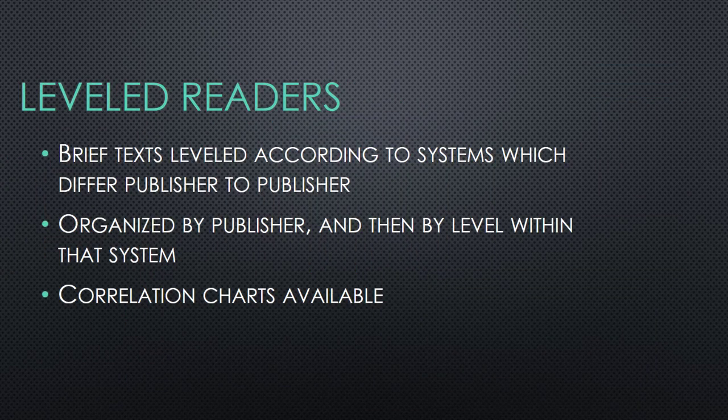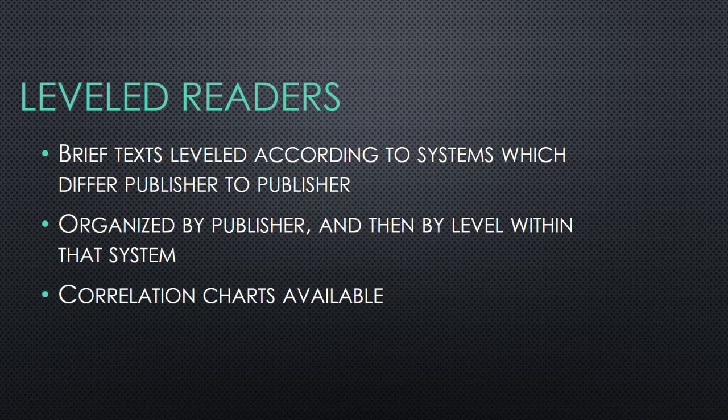We do also have a collection of leveled readers, which you'll make use of. These are brief texts leveled according to a specific system, and these systems can differ from publisher to publisher. We have a number of correlation charts available right next to the level readers in a bound book and also on the end of the shelving unit.